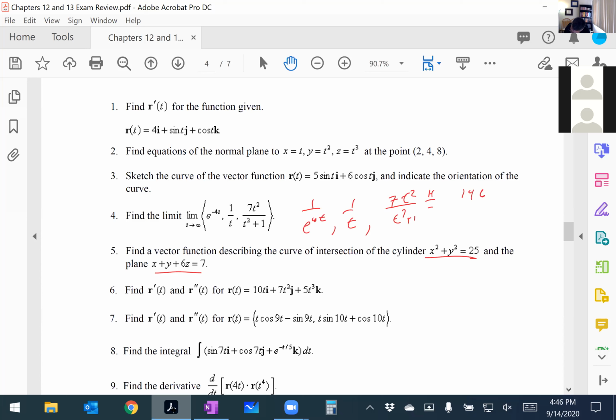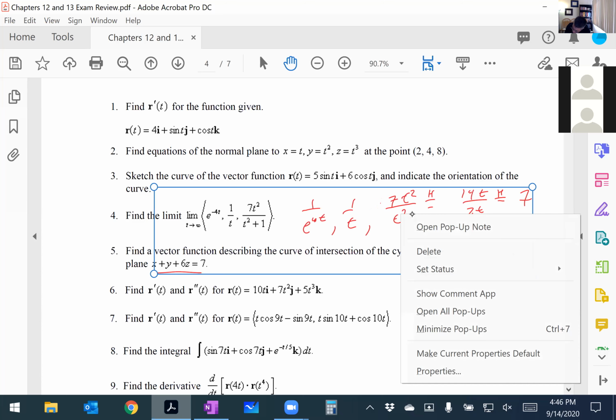You could do 14t over 2t, and then use L'Hopital's rule one more time, you get 7. Why can you use L'Hopital's rule? Because it's infinity over infinity, an indeterminate form.